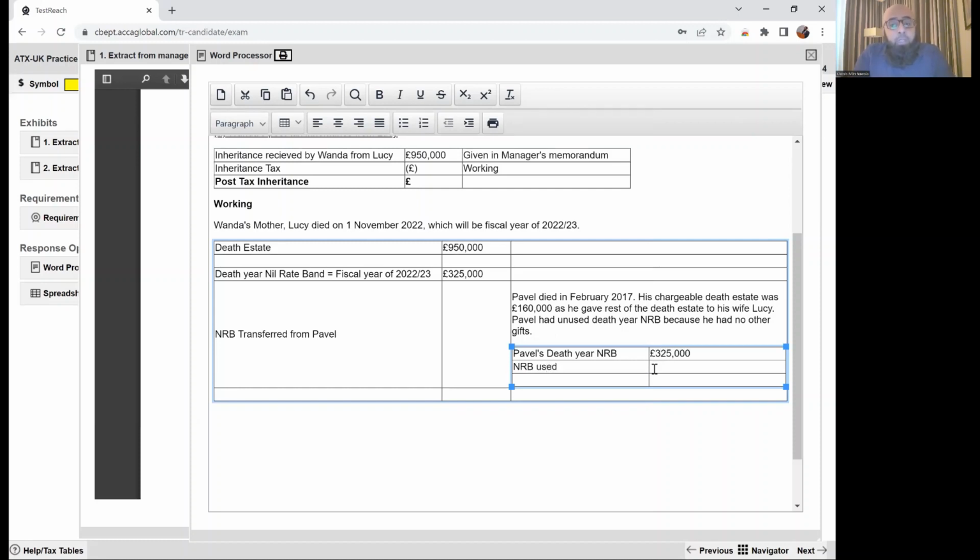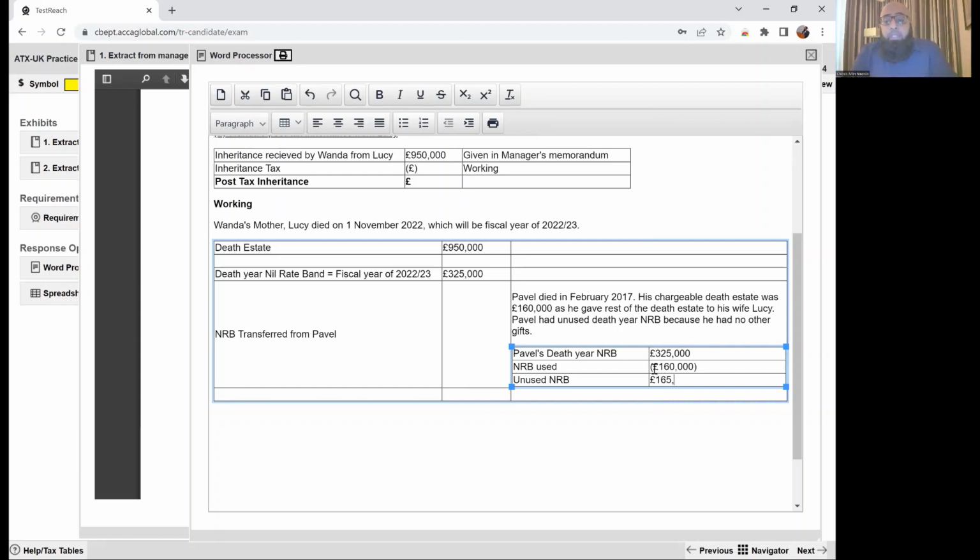NRB used is 160,000, the gift he made to Vanda. So his unused NRB will be 325 minus 160, so it's 165,000.